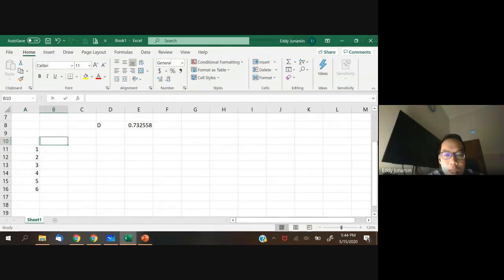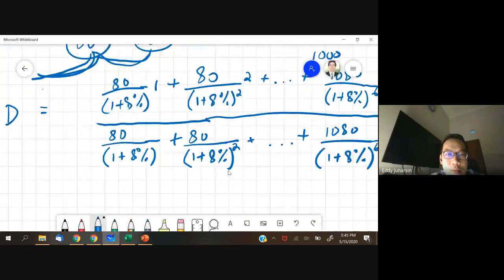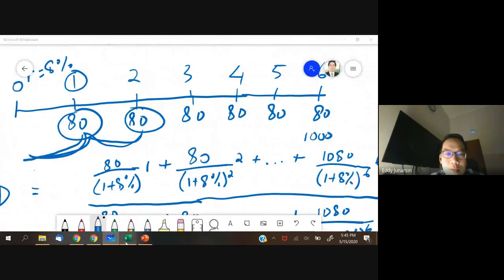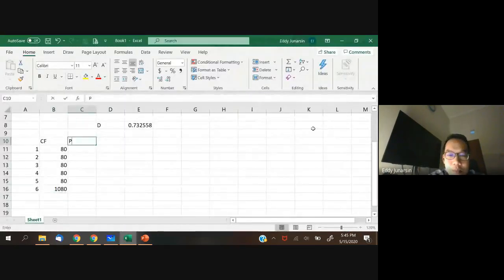So this is the cash flow. 8% of 1,000 is 80. And the last one, you get 80 and 1,000, based on this picture, right? Okay, now what is the present value again?